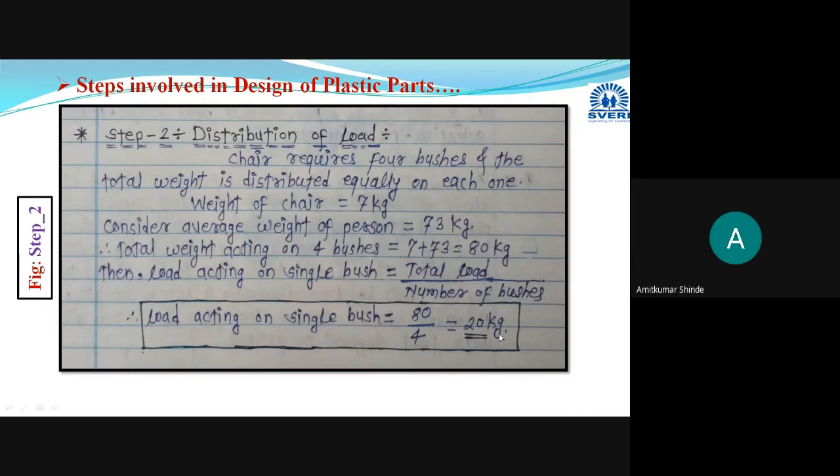As per my consideration, it is coming to 20 kg. First you have to decide the total weight acting on the four bushes, and then calculate the load acting on a single bush. Please note it down. I will wait for a few seconds here.